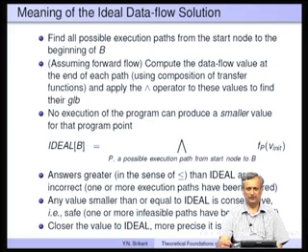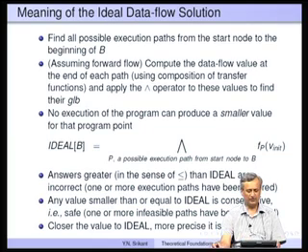So far, when we computed data flow values and solved the equations in the iterative way, we always said the values are conservative, they are not the best that we can get, but practical situations force us to accept these conservative values. So, that makes it interesting to see what exactly is an ideal solution.